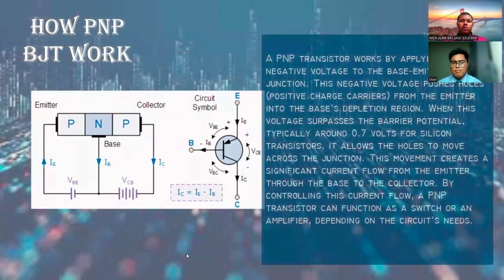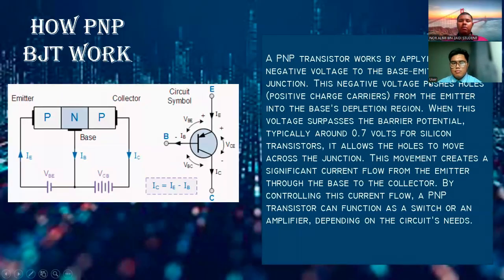So, how does this PNP transistor work? A PNP transistor works by applying a negative voltage to the base-emitter junction. This negative voltage pushes holes, the positive charge carriers, from the emitter into the base depletion region, and when this voltage surpasses the barrier potential, typically around 0.7 volts for silicon semiconductor transistors, it allows the holes to move across the junction.